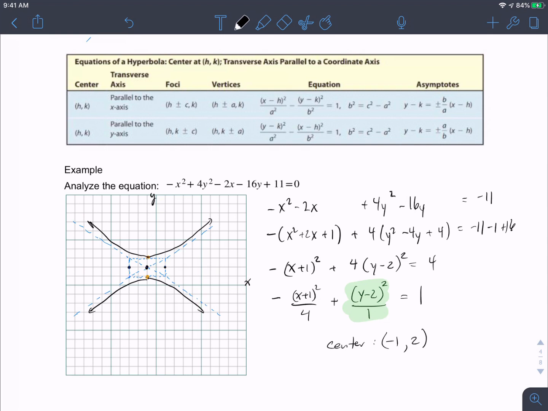And again, for you to find the foci, you have your A, you have your B, you should be able to go get your C. Here are the formulas that you would use to go ahead and find that. But these are the graphs for it.